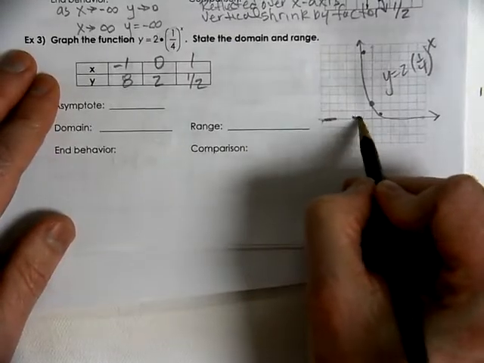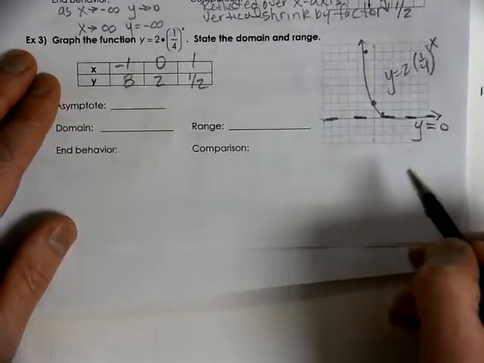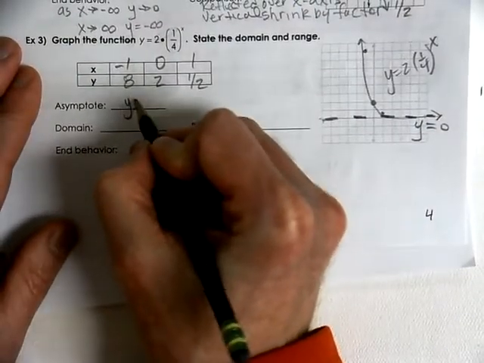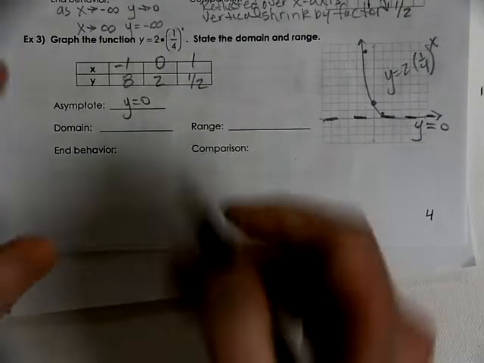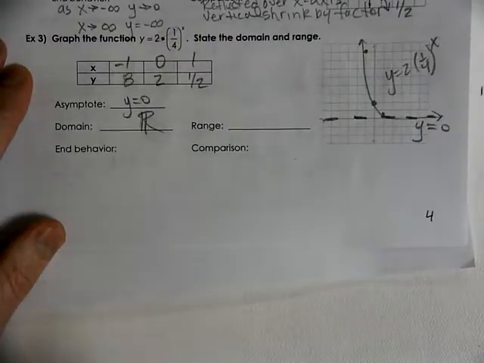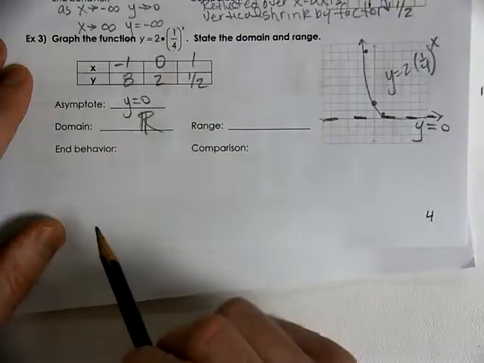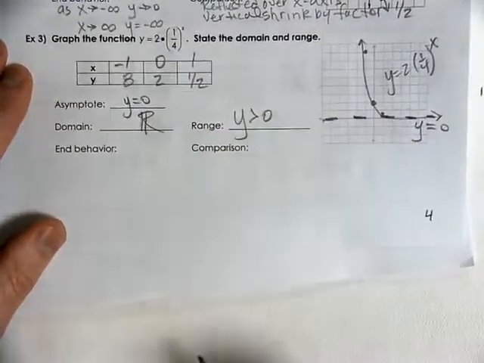We know we have our asymptote here at y equals 0. That's not vertical, I'm sorry. A horizontal asymptote at y equals 0. We have our domain, which is all real numbers, because you can plug in any x value you want into your equation. The answers you're going to get are going to be greater than 0.